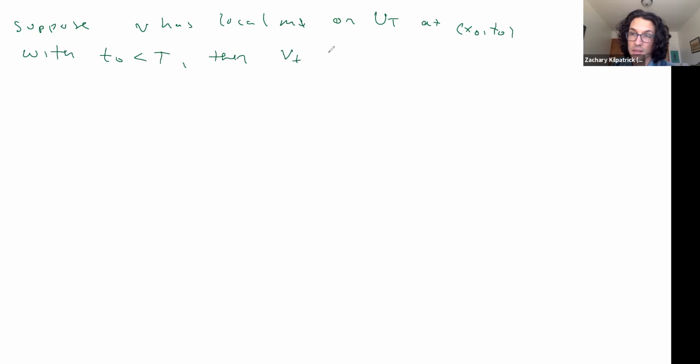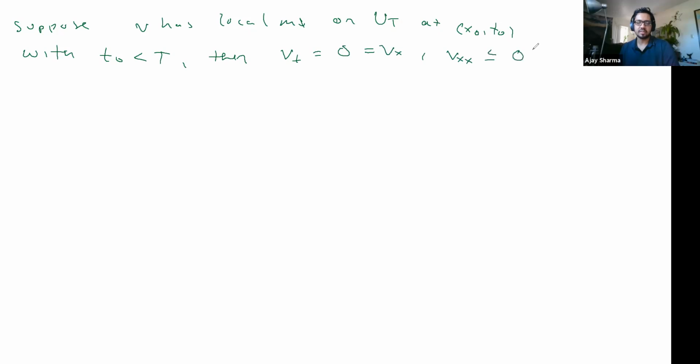We know three things, at least. The derivative is 0 at the point, so the t derivative is 0, the x derivative is 0, and the Laplacian is less than 0.